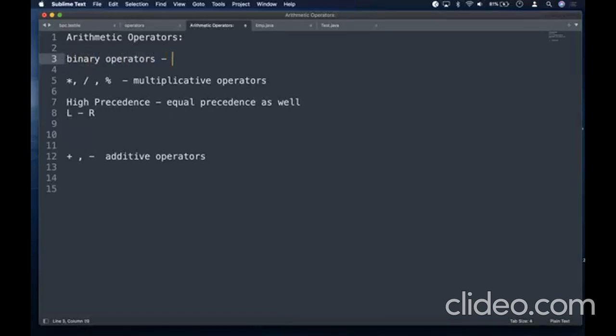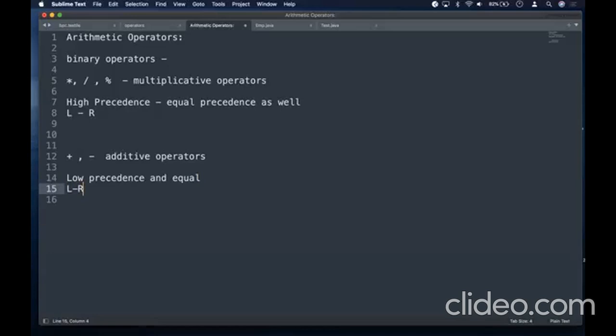So 2 operands are required to do multiplication, division, or modulus, and plus and minus also. The additive operators have low priority when compared with the multiplicative operators, and both of them have equal priority. The associativity is left to right, so all arithmetic operators are left to right only.